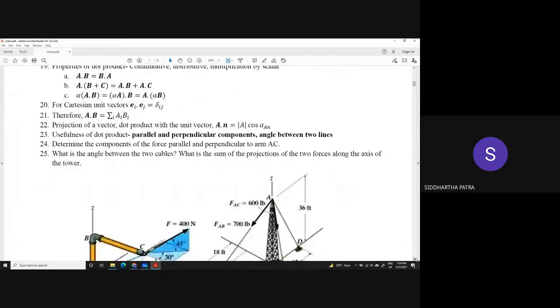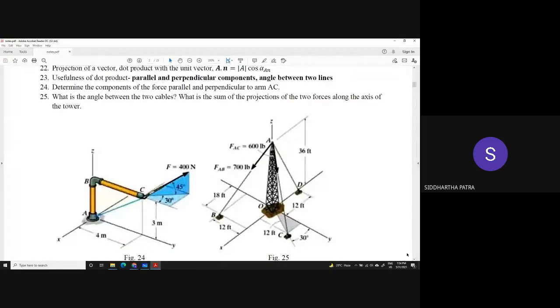The problem statement here is to determine the angle between the two cables. The second statement is, what is the sum of the projections of the two forces along the axis of the tower? Basically there is a tower, and it is being supported by 3 cables, of which in 2 of them we know the value of the forces.